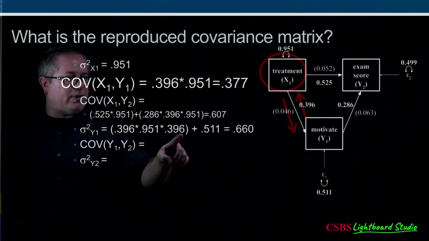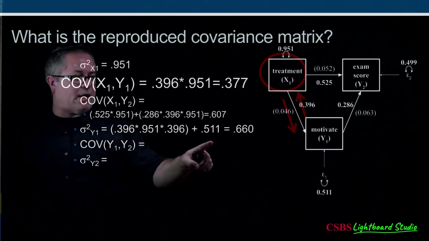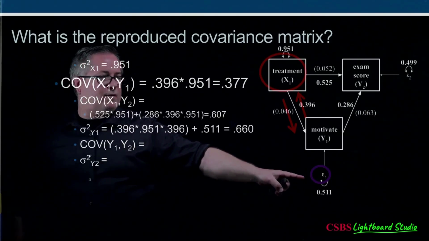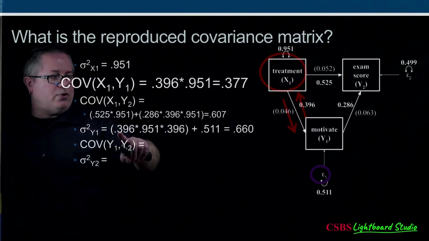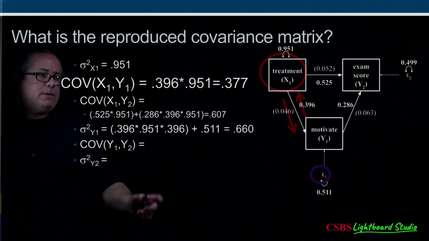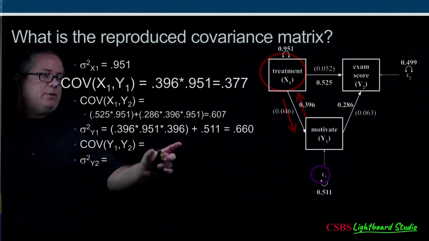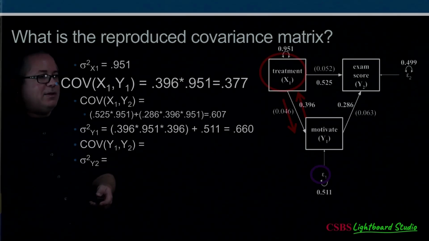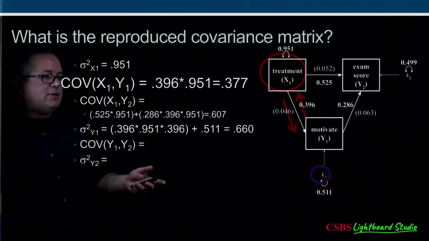That's the common variance with x1, but I also need to add to it the error variance down at the bottom. So the error variance needs to get added in. When you add those two together, you get the total variance of y1. Common variance with x1 plus the unique variance gives you total variance.